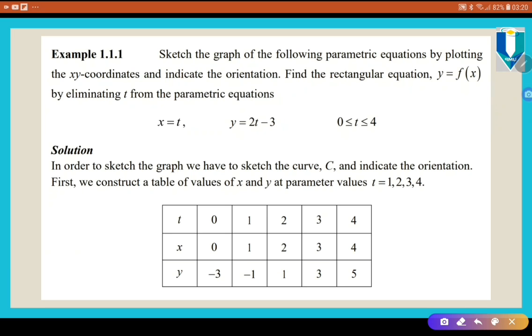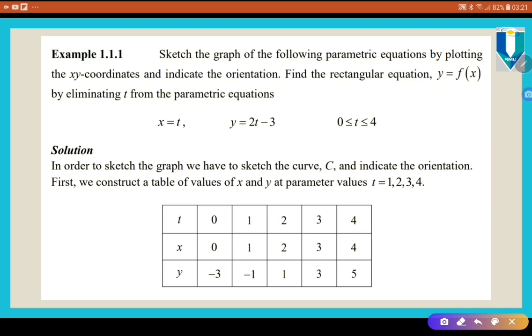Solution: in order to sketch the graph, you have to sketch the curve C and indicate the orientation. First, we construct a table of values of x and y at the parameter value t equals 1, 2, 3, and 4.